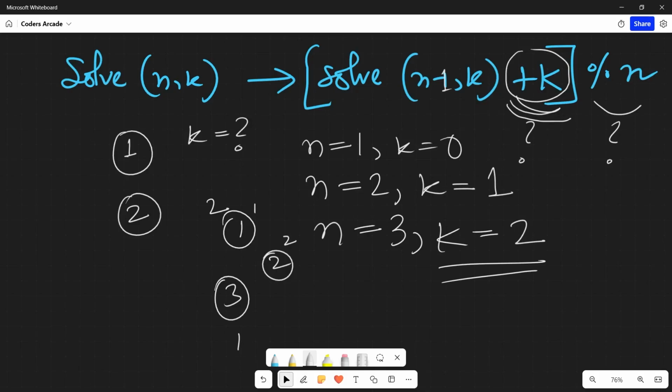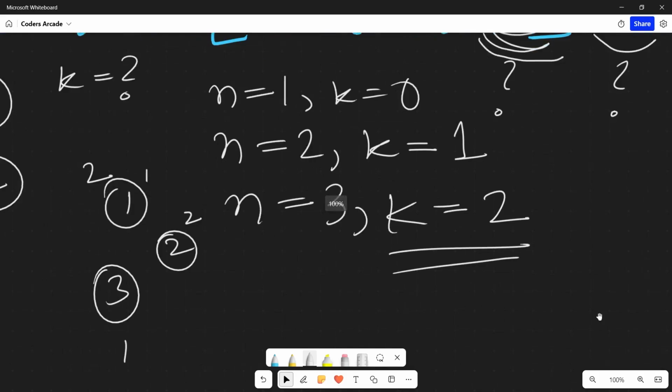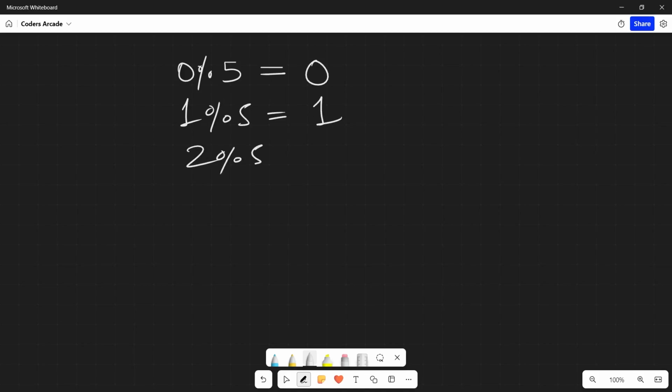Make sense? Now, similarly, let us see why I am adding mod of n also. Just try to understand this. Suppose I have 0 modulus of 5. What is the answer? It is 0 only. Now, 1 modulus of 5 is 1. 2 modulus of 5 is 2. 3 mod 5 is 3. And so on. If you write 5 mod 5, what is the answer? It is 0.